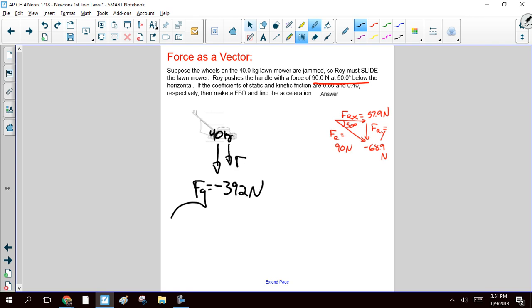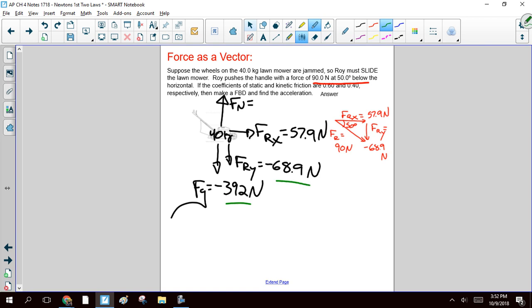Roy is pushing down vertically with 68.9 newtons. He's pushing horizontally with 57.9 newtons. There's got to be a normal force that prevents the lawnmower from moving down through the ground. It's got to be big enough to cancel both of these, right? So that gives you 460.9.